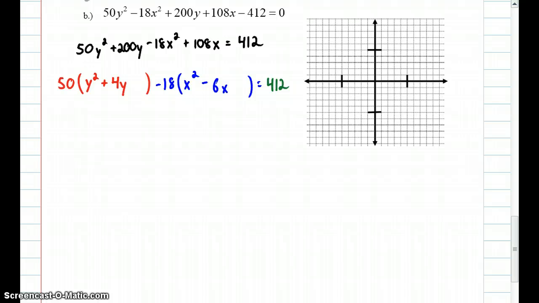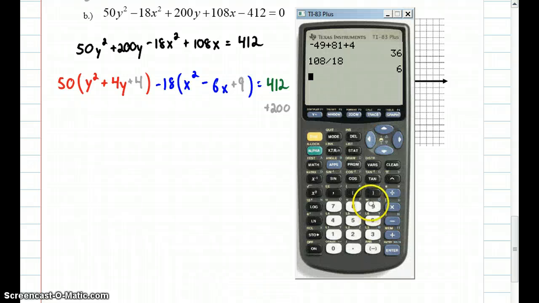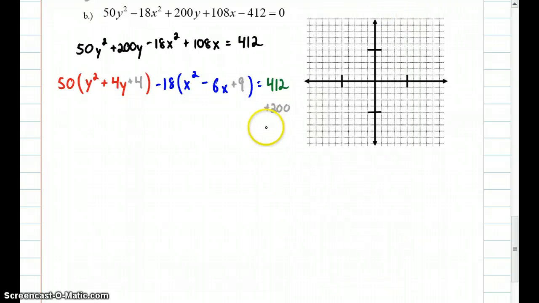The number I need with the y is going to be a 4, since 4 over 2 squared is 4. But it's not really 4, it's really 200. So I will add a 200 over here, being 4 times 50. The number I need for the x's is going to be, well, -6 over 2 squared is 9, which isn't really a 9, but a 9 times -18, or -162.